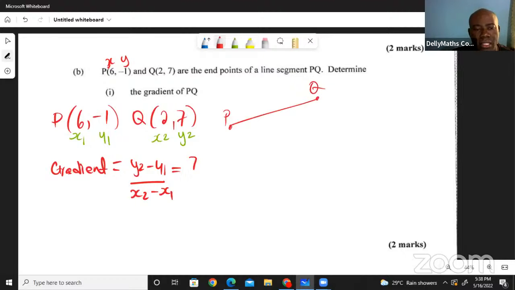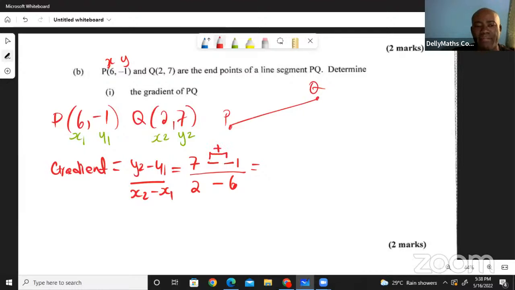So Y2 is 7 minus Y1, which is not 1, it's a -1. So I have to be very careful, -1 all over X2, which is 2, minus X1, which is 6. And then we want to put everything together right there. So remember, when we have two signs clashing, it becomes a plus.